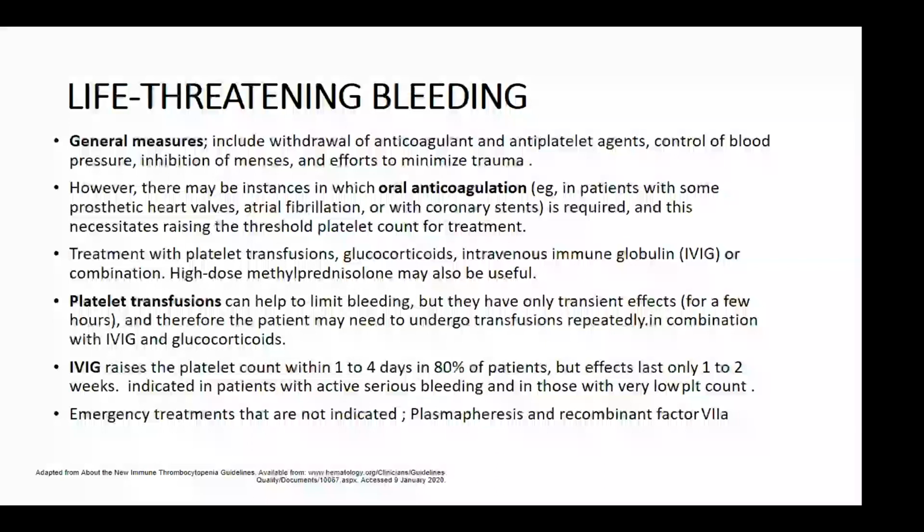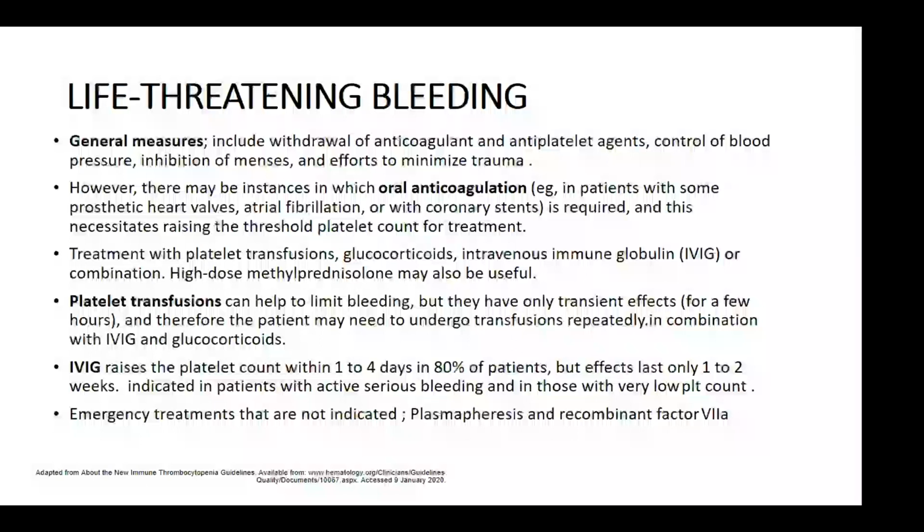Treatment with platelet transfusion, steroid, IVIG, or a combination should be used in these patients, and high-dose methylprednisolone may be helpful in this scenario.